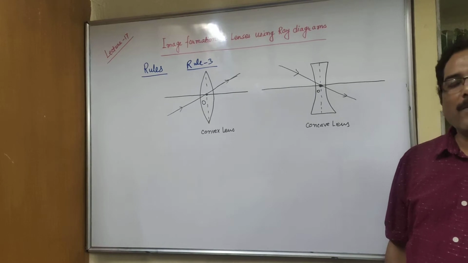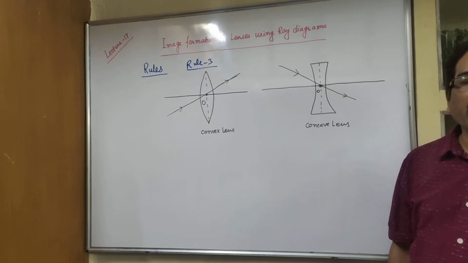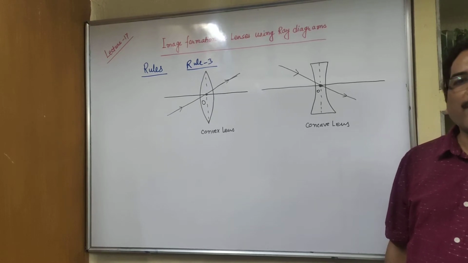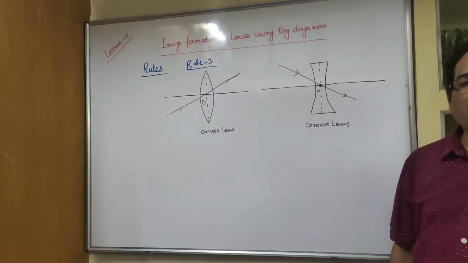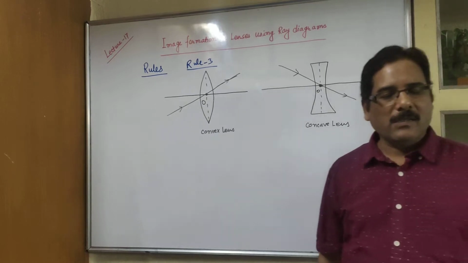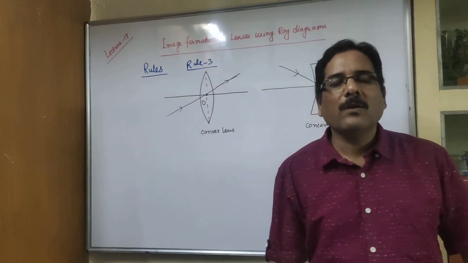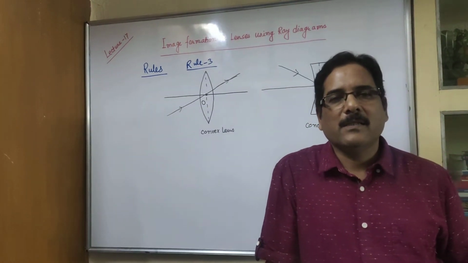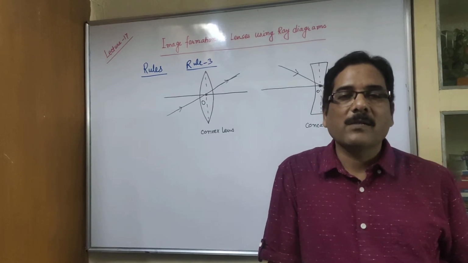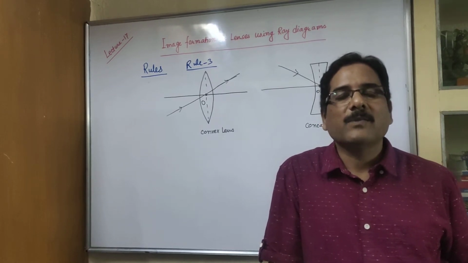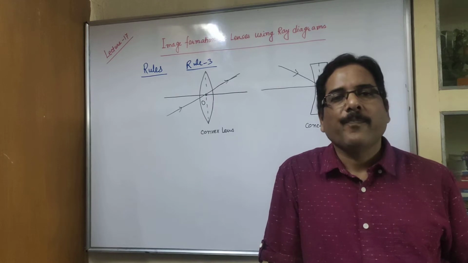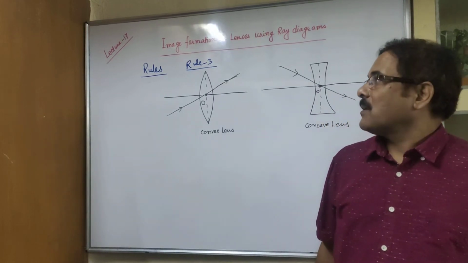The first rule, very simple. If a ray of light is parallel to the principal axis, then after refraction through a spherical lens, it will pass through the focus. The second rule, if a ray of light is passing through the principal focus of a spherical lens, it becomes parallel to the principal axis after refraction, just the opposite of the first one.